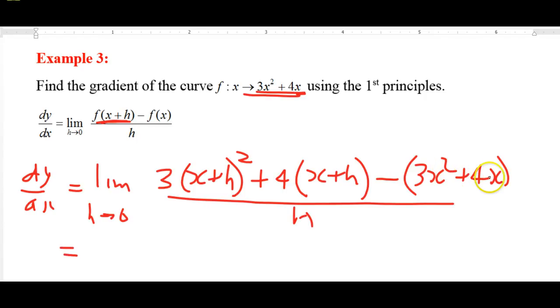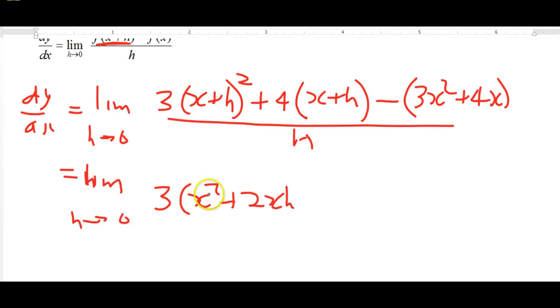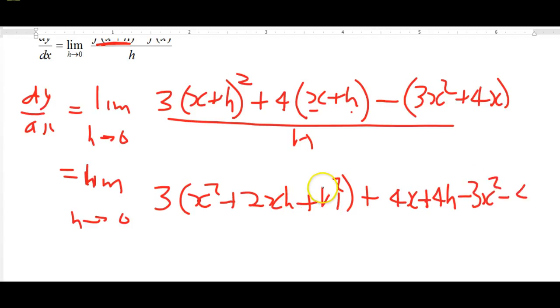So the next thing we have to do is to expand. So by so doing, after writing our limit as h approaches 0, we have 3 into bracket x squared plus 2xh plus h squared plus 4x plus 4h, that's by expanding the bracket, minus 3x squared minus 4x.